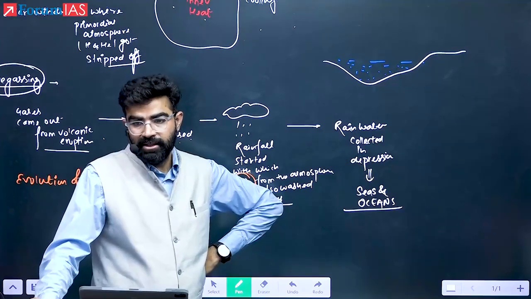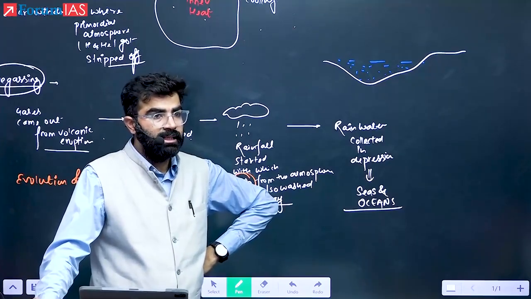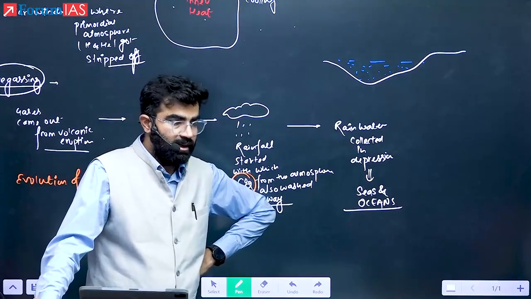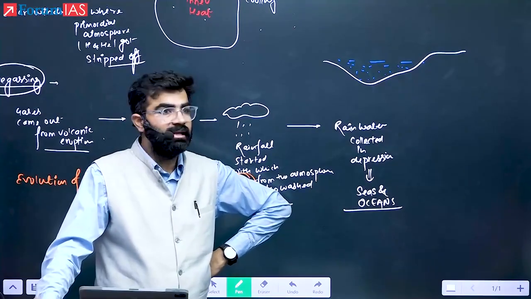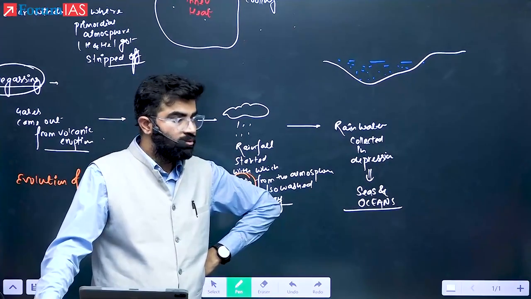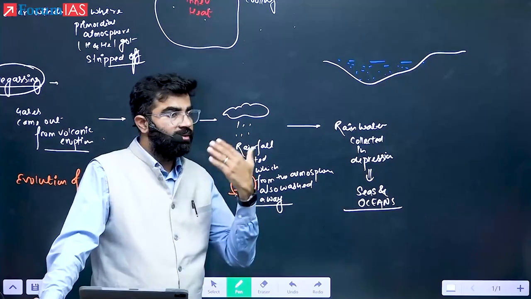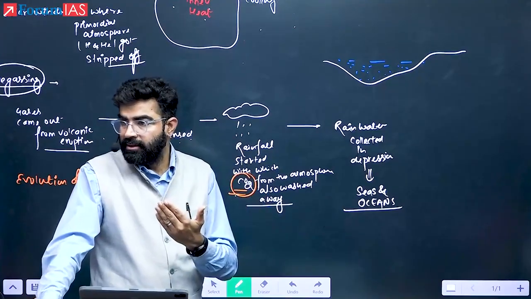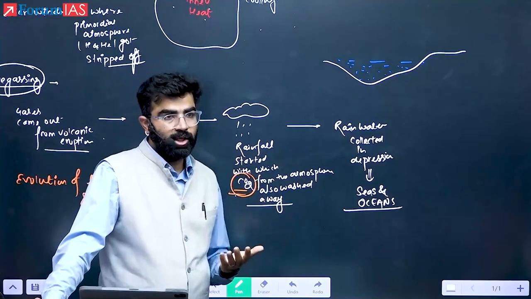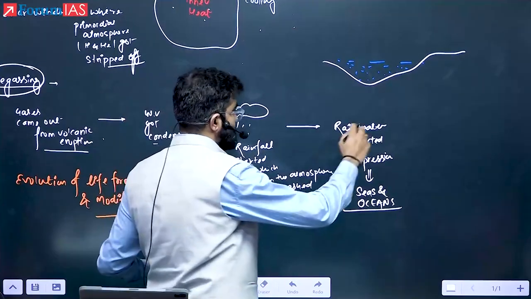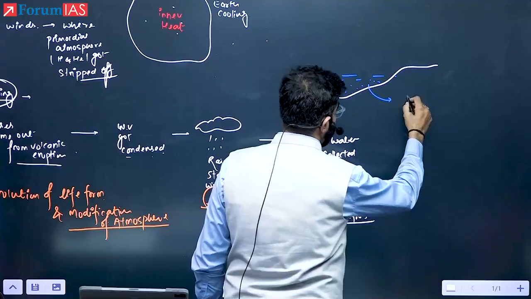How did the life form start on the earth? How did this evolution happen? How did life come into being? Did it come from the oceans, or did it emerge on the land? From the ocean. This is the magical liquid. Now see here, it is now believed that there were some chemical reactions.